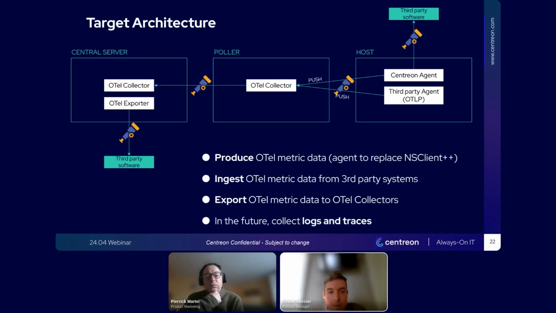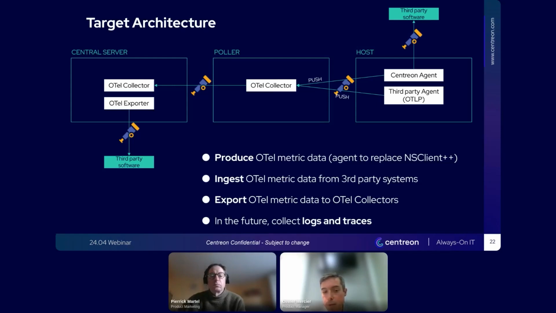Before speaking about the architecture, let's speak objectives. OpenTelemetry is about metrics, logs, and traces. Our first step will be metrics. So first, we want to produce OpenTelemetry metrics, and the first use case will be replacement of NSClient, maybe 2 replacements.